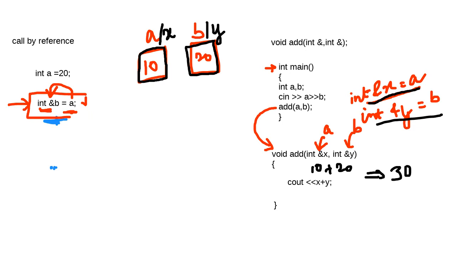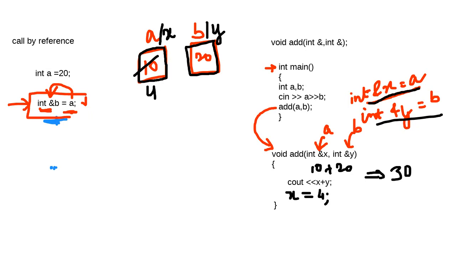So now tell me, if I make any change here, I write x equal to 4. So where is this new value updated? At a, right? So this location is updated and now it contains the value 4.